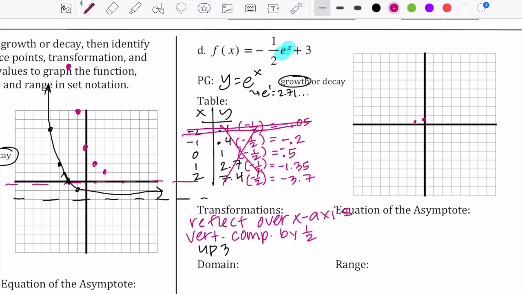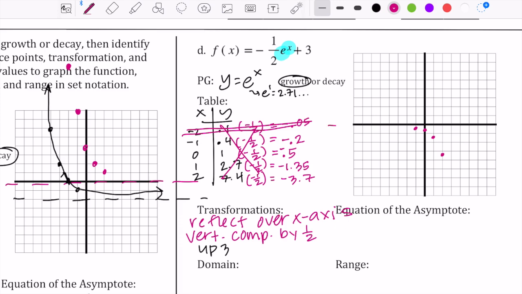At 1, it's at -1.35, and then at 2, the only problem is these are all negative, and I have not been graphing them negative, but that's okay. So the first one is going to be at -1, -0.2, then we have 0, -0.5, then we have 1, -1.35, and 2, -3.7. So that's the reflection and the vertical compression.